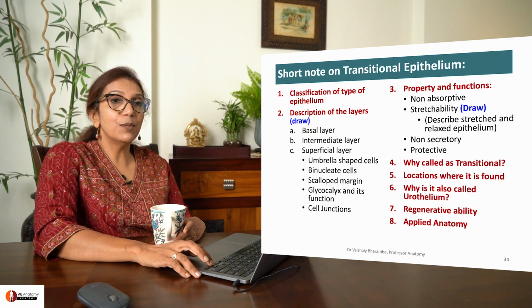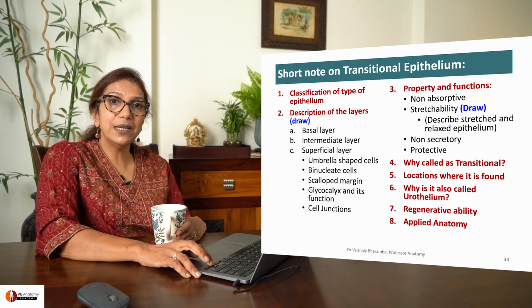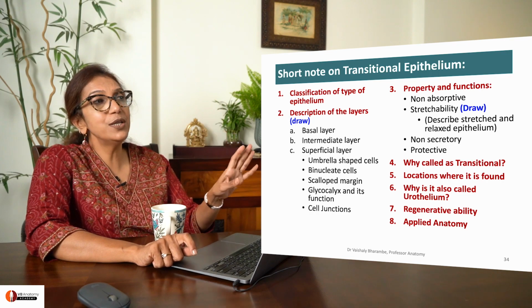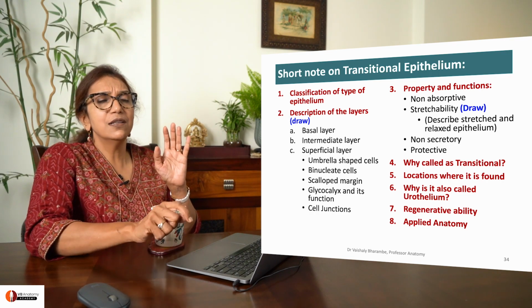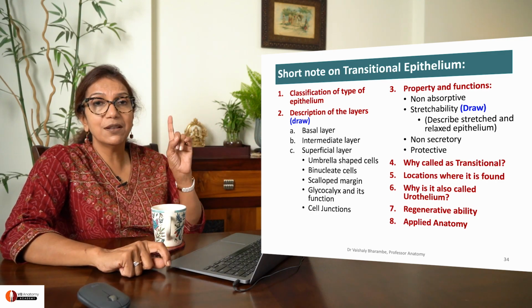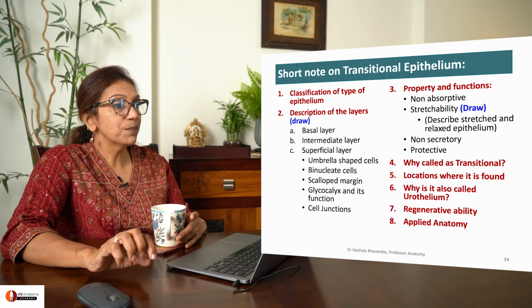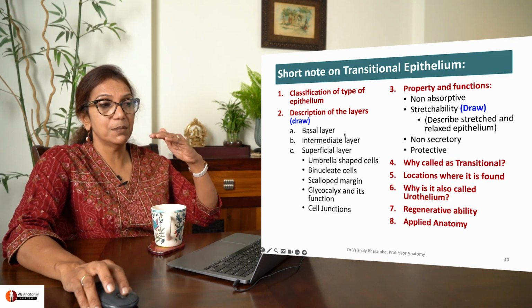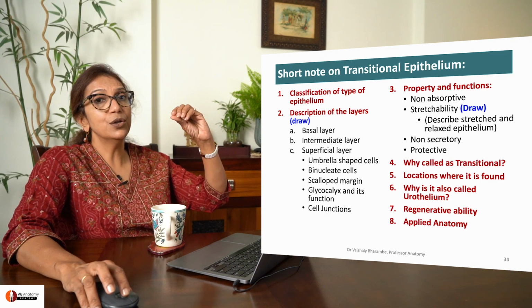So with this, we come to the end of transitional epithelium. Students, this slide gives you an entire list of points on which you should discuss this. This is a very important short note. Please take a screenshot of this and revise. Okay. So first, classify the epithelium. Describe all the layers: basal, intermediate, superficial.